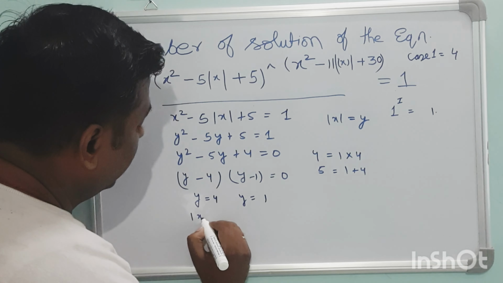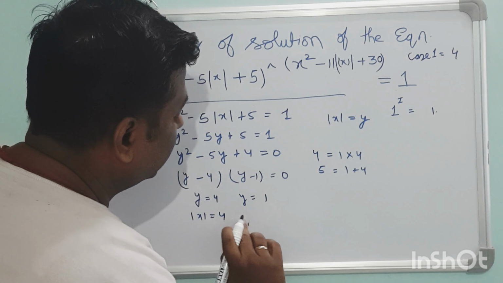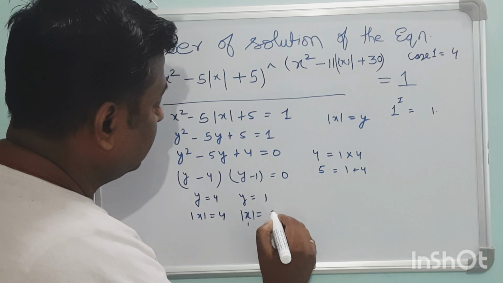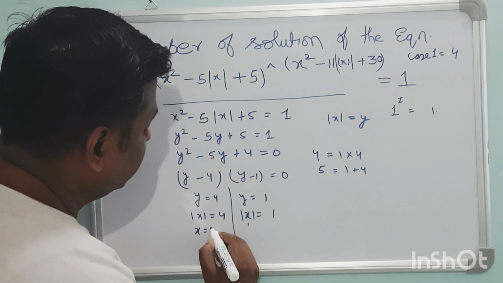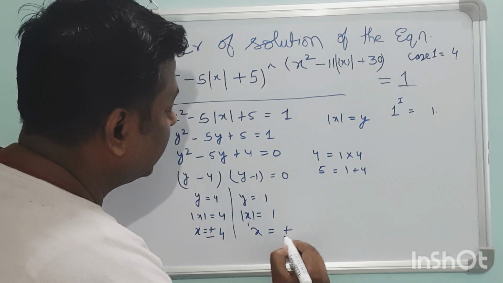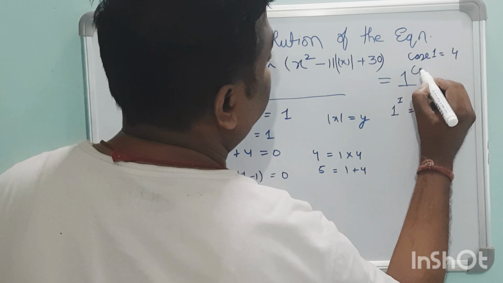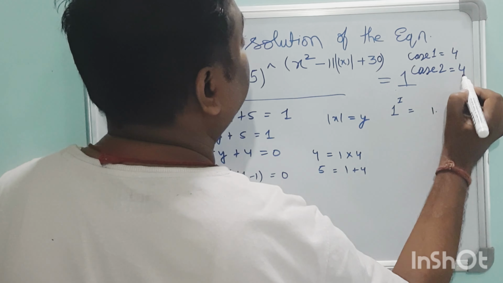So I can say mod x is equal to 4 and mod x is equal to 1. From these two I get the solutions plus minus 4 and plus minus 1. So from here also I am getting 4 solutions.